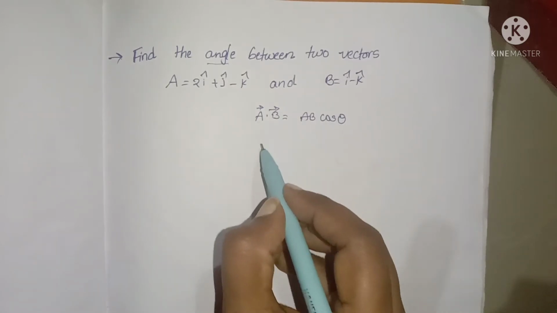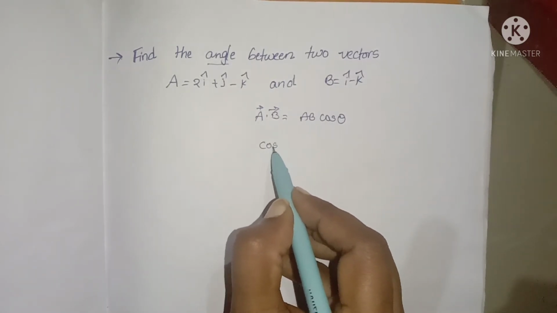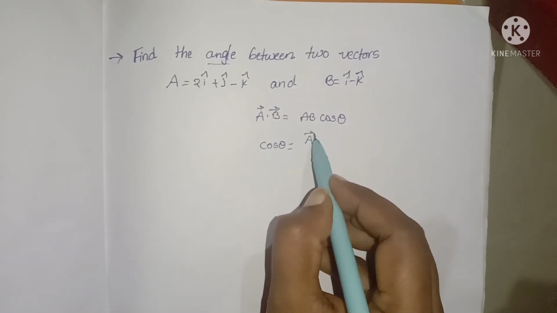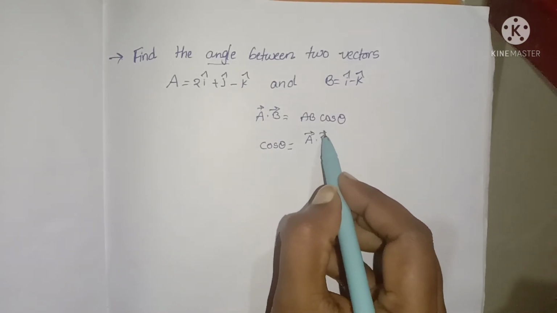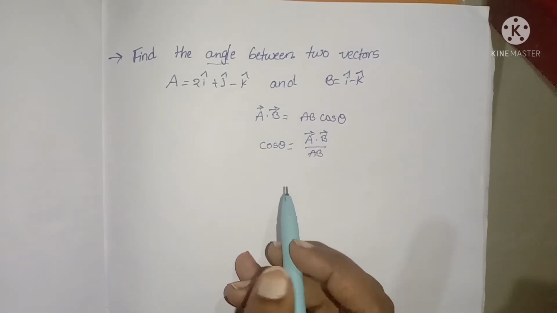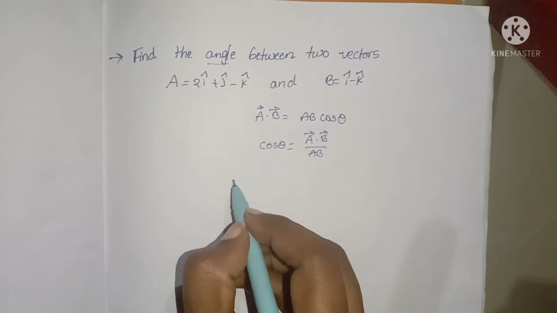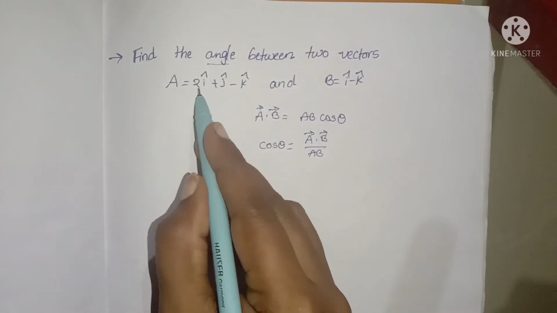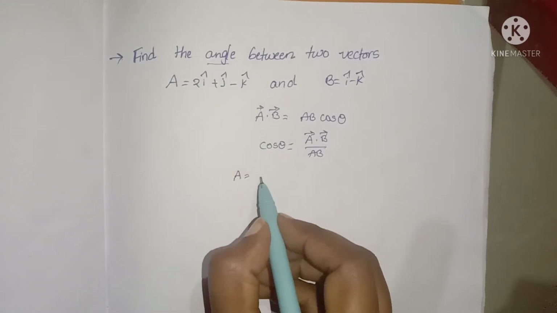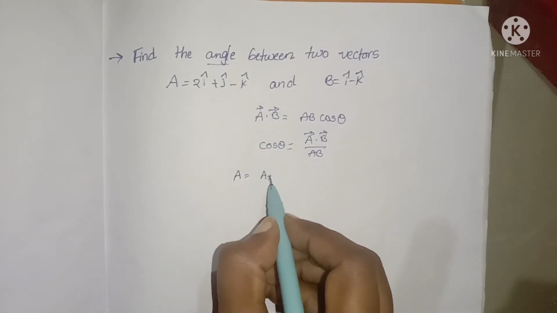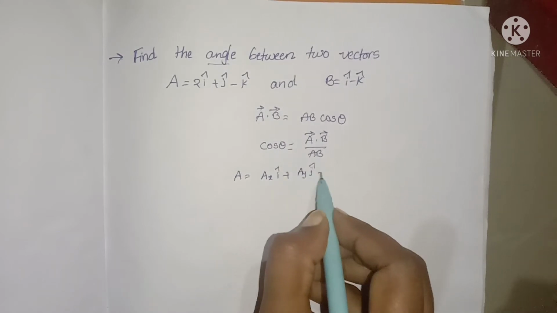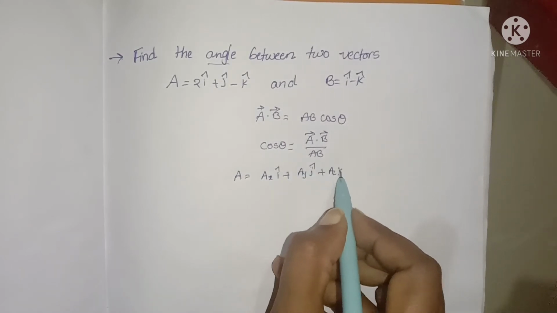So here we want the angle, which means we can write the cos theta formula. So cos theta is A bar dot B bar by AB. Before going to that, this vector 2i cap plus j cap minus k cap is nothing but ax i cap plus ay j cap plus az k cap.